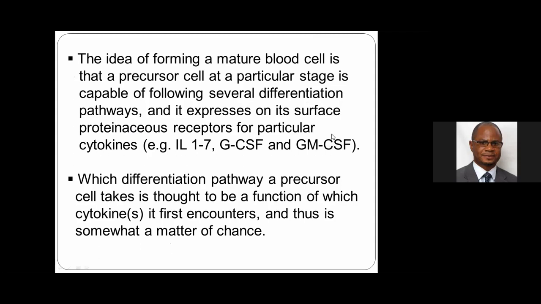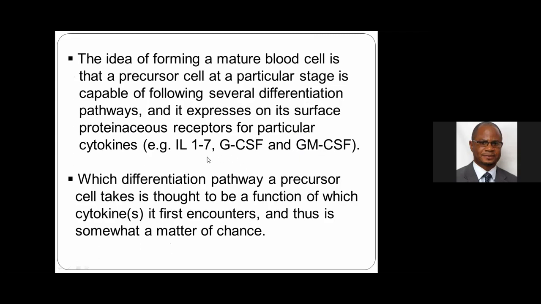So the receptor will receive signals such as interleukin-7 or granulocyte colony stimulating factor or granulocyte monocyte colony stimulating factor, allowing the cell to become a particular cell type. The cell differentiation is thought to be a function of which cytokine it encounters.